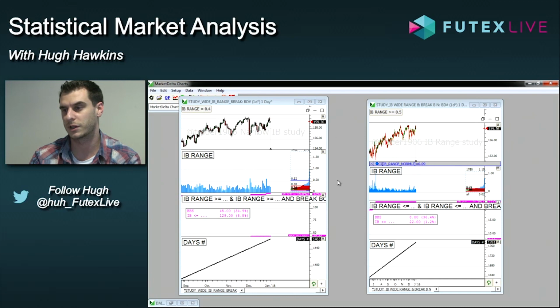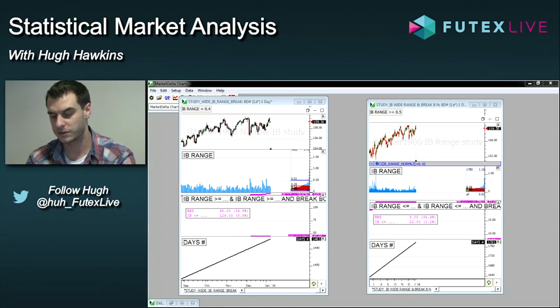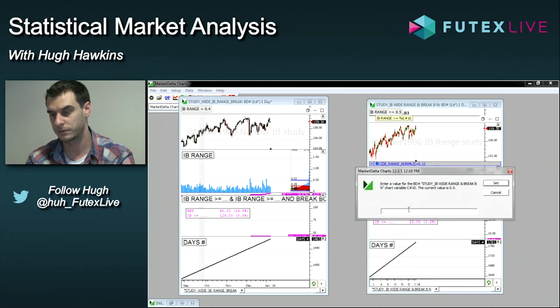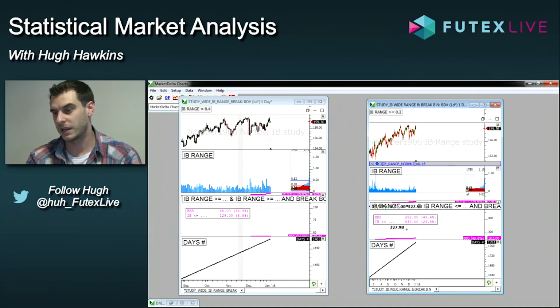So then we come across to the other chart, and 0.5. So what's 40 ticks at the current Bund price? It's about 0.2, so we'll change it to 0.2. 0.2 is not giving us any edge here, which is interesting.